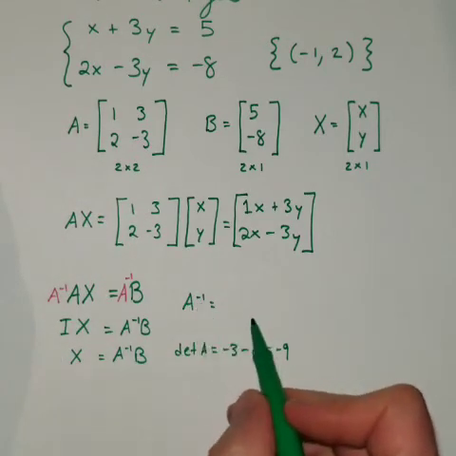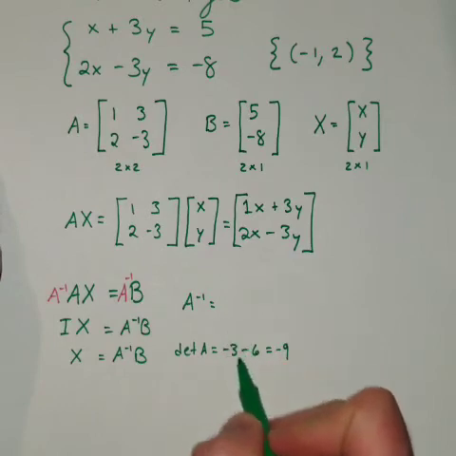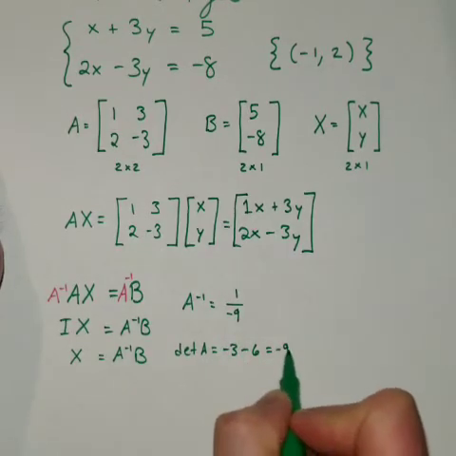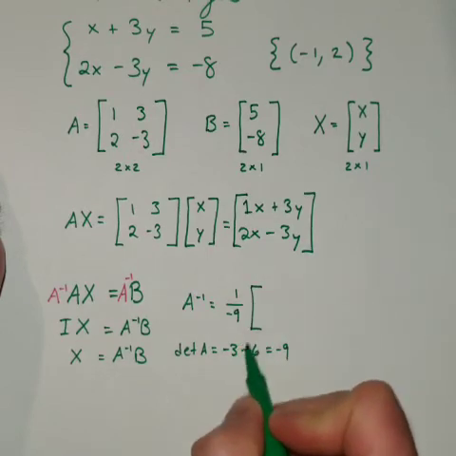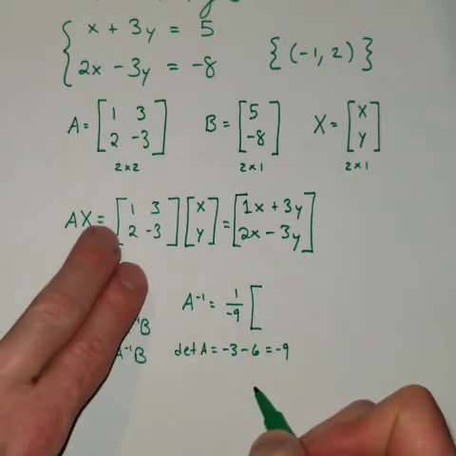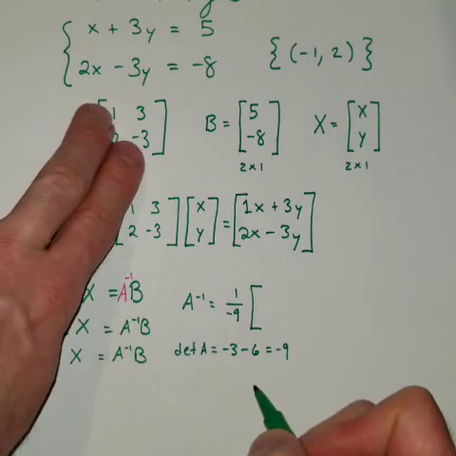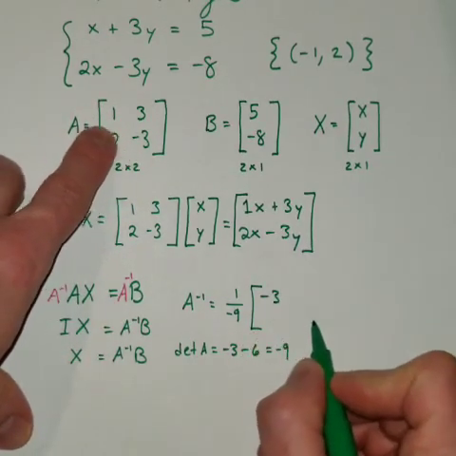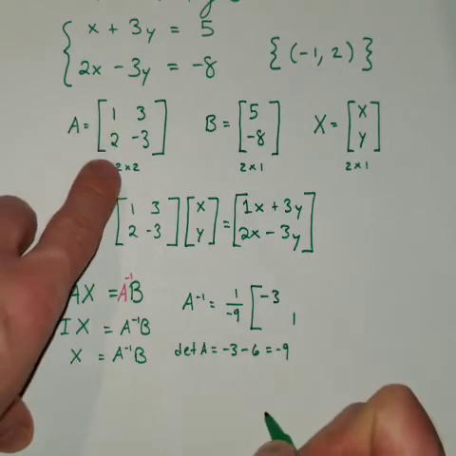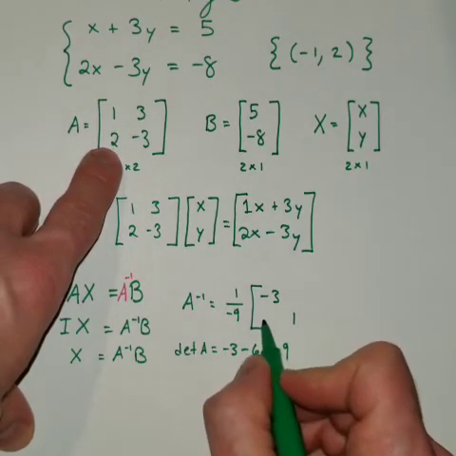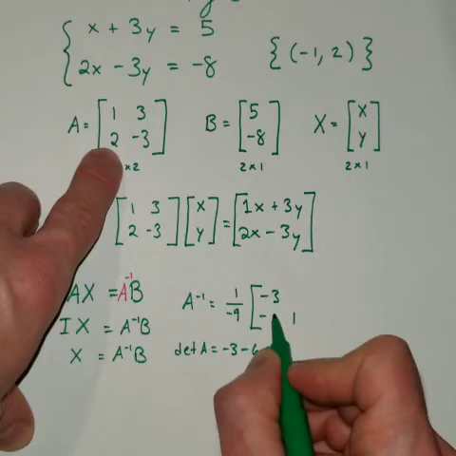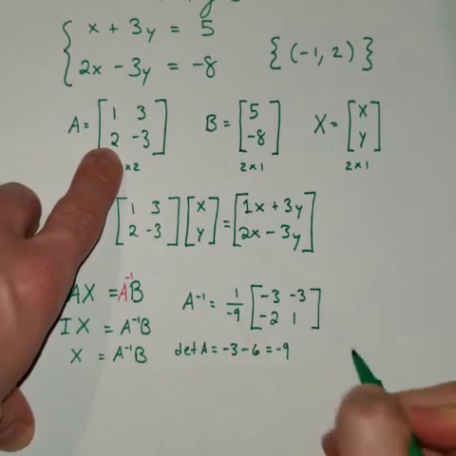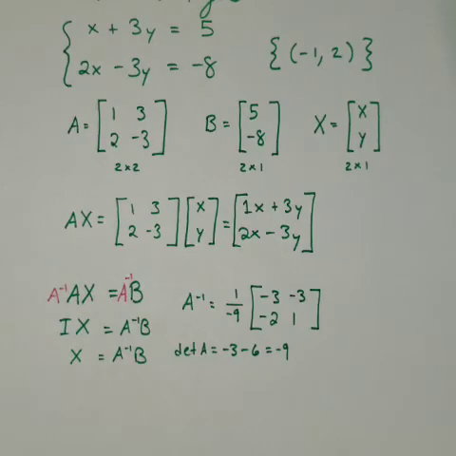Then A inverse would be, remember we said it's 1 over the determinant multiplied by the matrix that occurs when you swap the A and the D. So you get -3 on top of 1 on the bottom, and then change the sign on each of these other two values.